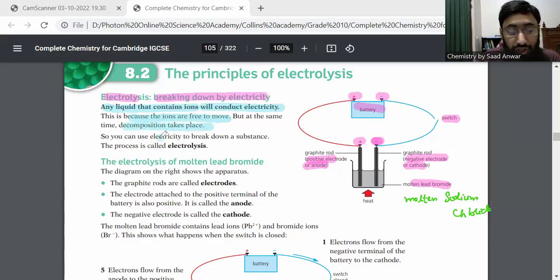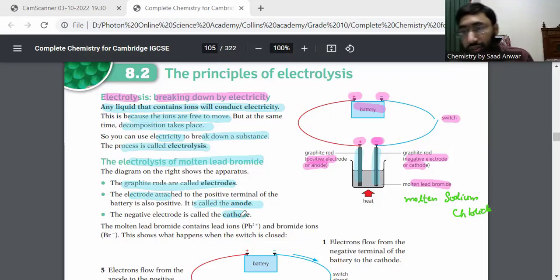You can use electricity to break down a substance. This process is called electrolysis. In the electrolysis of molten lead bromide, the graphite rods are called electrodes. The electrode attached to the positive terminal of the battery is positive and is called the anode. The other electrode, which is negative, is called the cathode. So this is how things work.